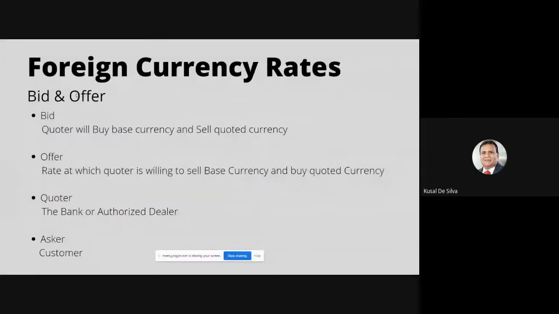Right. Let's start the foreign exchange part. We'll start with the foreign currency rates. We discussed last week bid and offer.